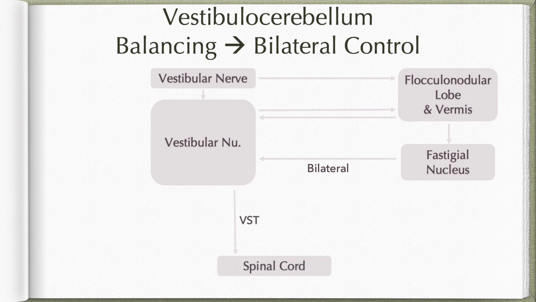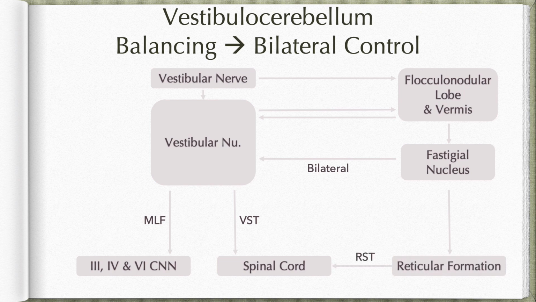From the vestibular nucleus, the output is to the spinal cord through vestibulospinal tract, which will be facilitator for the extensor muscles, therefore maintaining the posture, and also to the third, fourth and sixth cranial nerve nuclei via the medial longitudinal fasciculus, which will be involved in maintaining the conjugate eye movements, which is again important for maintaining the vestibulo-ocular reflexes. And fastigial nucleus will also project to reticular formation, which will again then send the output to the spinal cord through reticulospinal tract.